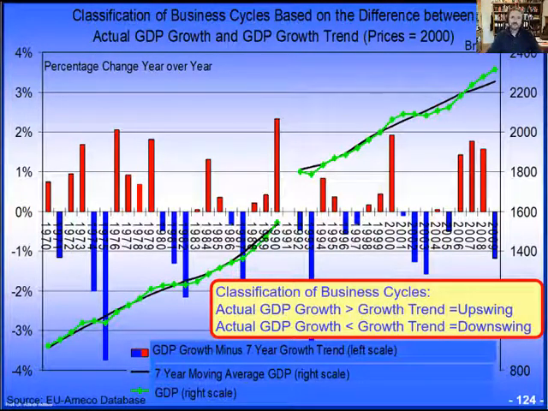The empirical classification of business cycles follows a quite simple idea. The growth rate of the actual GDP, the green line here in this diagram, is compared with the growth rate of the moving average of GDP, the black line here in this diagram.